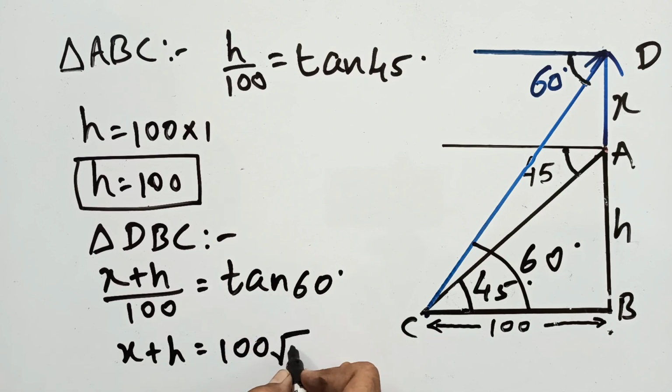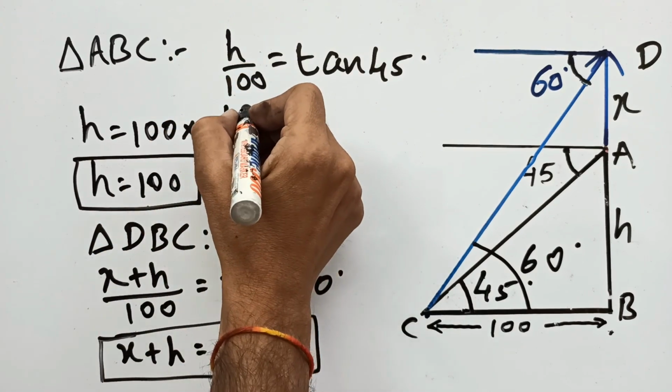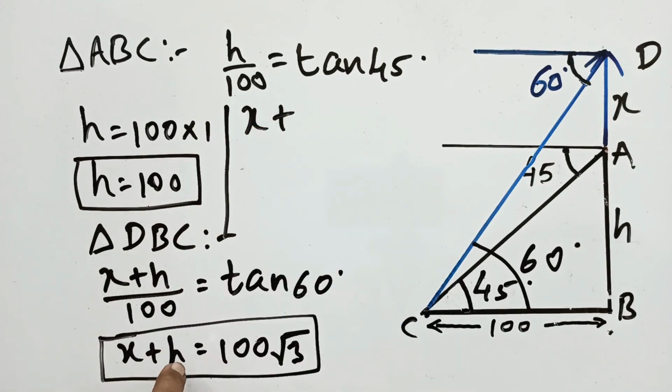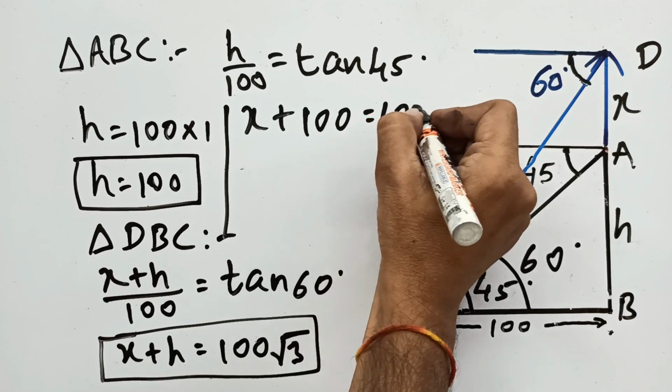Tan 60 is root 3. Now I'll substitute h equal to 100 here. x plus, instead of h I am writing 100, is equal to 100 root 3.